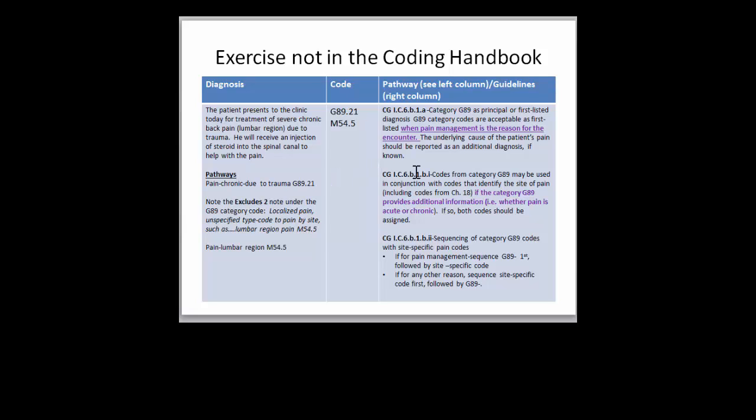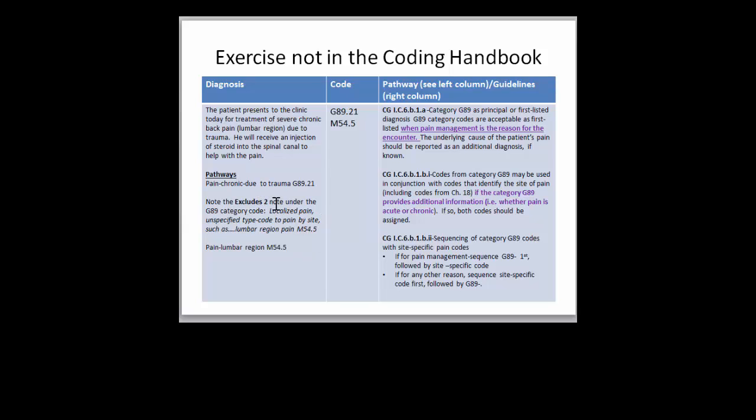I've made a little bit of an exception to the way you're accustomed to seeing these slides, in that I had to move the pathways over here to make room for these 3 coding guidelines that apply to this case. The pathway is pain chronic due to trauma, pretty straightforward, but note that there is an excludes 2 note under the G89 code where you can use localized pain by site, lumbar region, and that's what we've done.